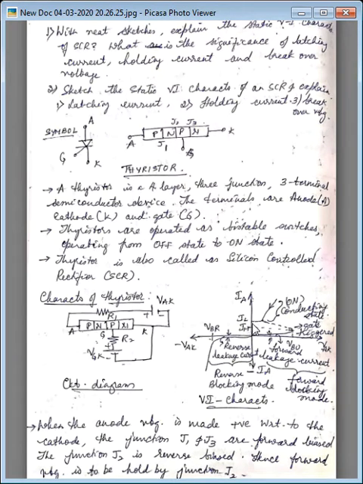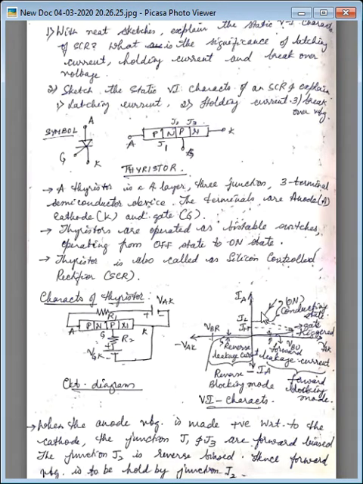Once it reaches the latching point, that is the maximum current, the actual thyristor starts conducting after the device reaches the latching current, IL. This particular region we are going to call the conducting state, that is nothing but the on state.